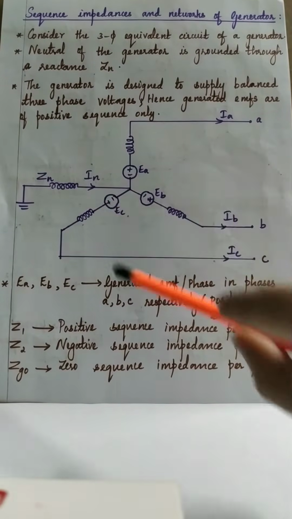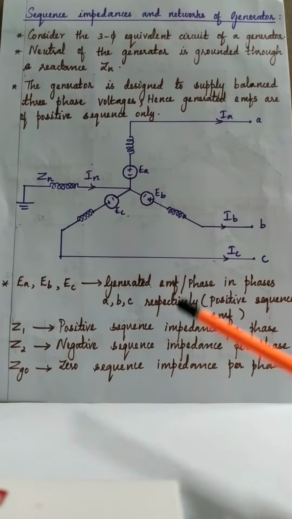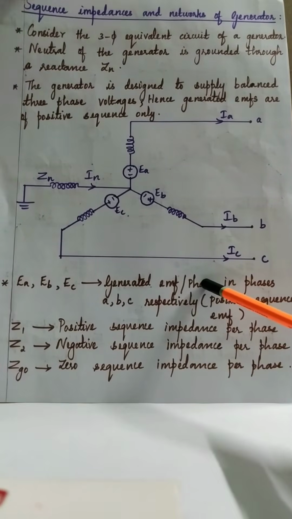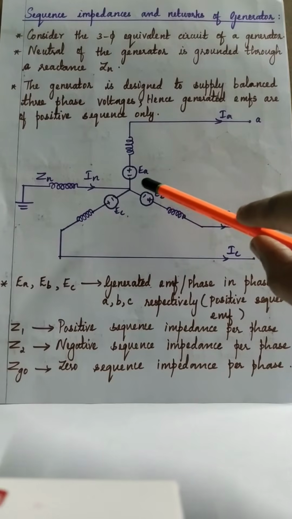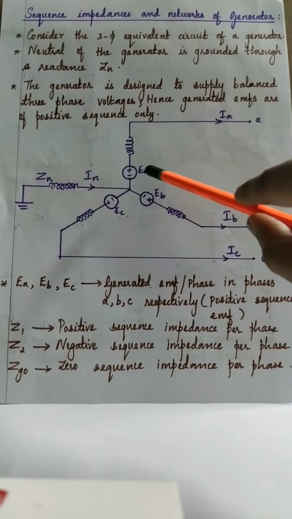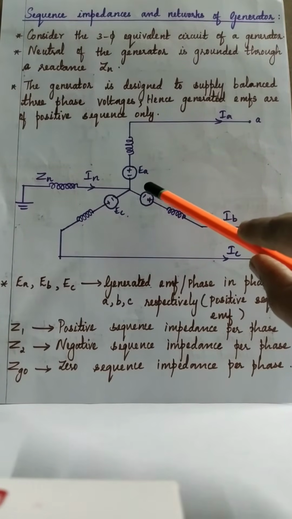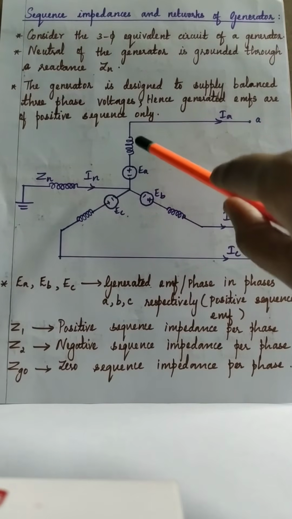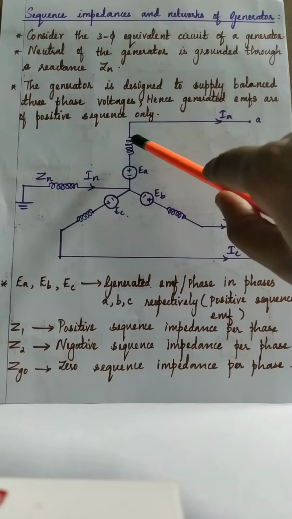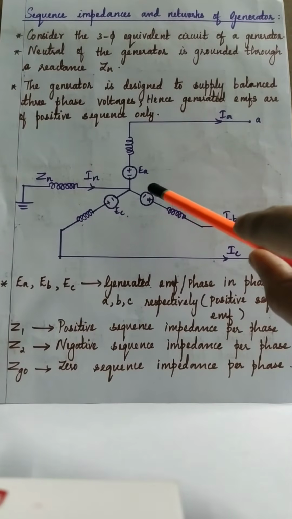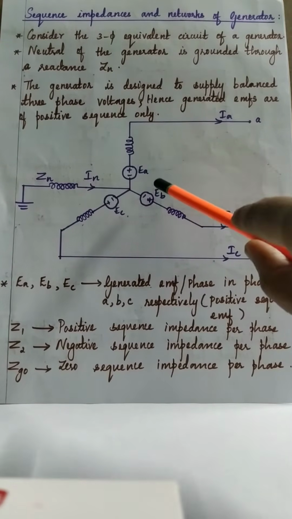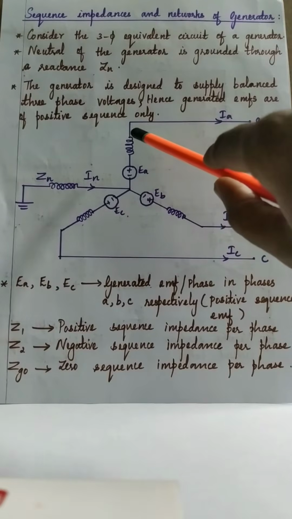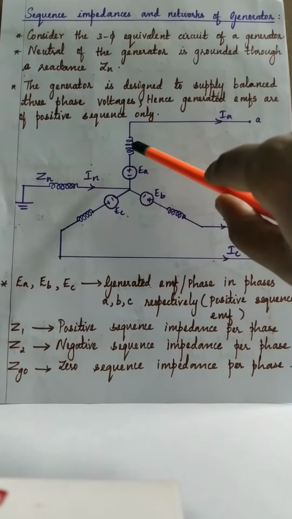Let Zn be the neutral impedance. In drawing the positive sequence network, we have to consider an EMF in series with the positive sequence impedance.